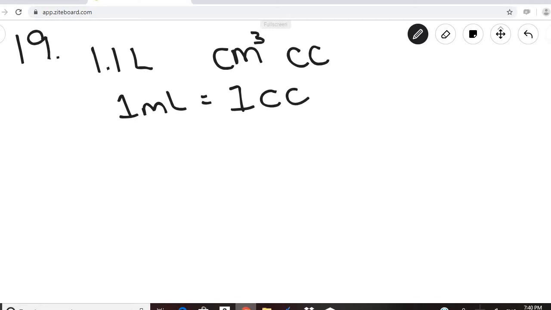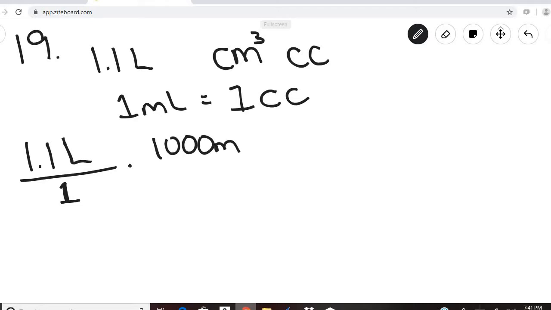Those are equivalent measures. So we're going to start with 1.1 liter. And the unit that we want to convert goes over the number 1. And then we know that there are 1,000 milliliters in a liter.